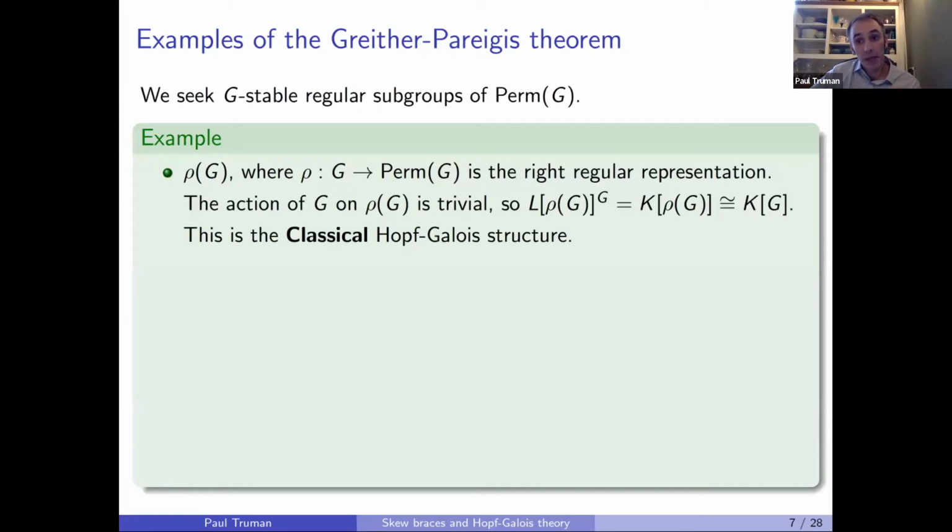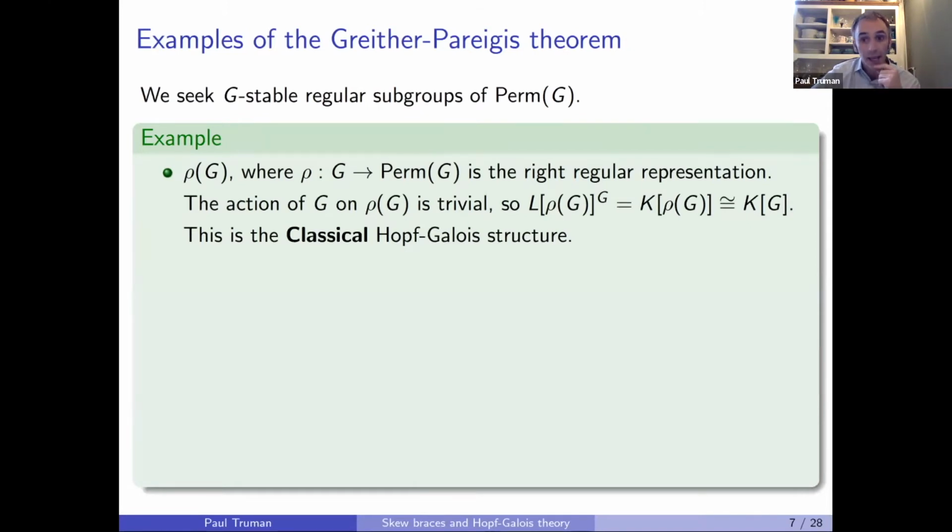And then because the elements of lambda of G and the elements of rho of G commute inside the permutation group, G acts trivially on rho of G. So when I take the fixed points of L[rho(G)], that L-Hopf algebra, the action of G on the group elements rho of G is trivial, so it just sort of slips past, and all I end up doing is fixing the coefficients.